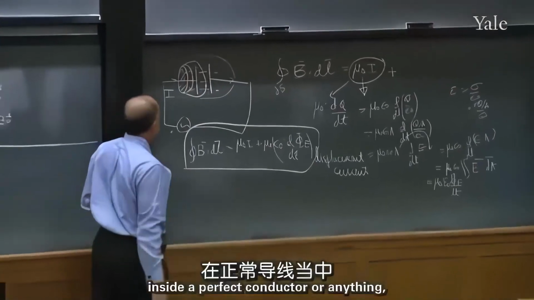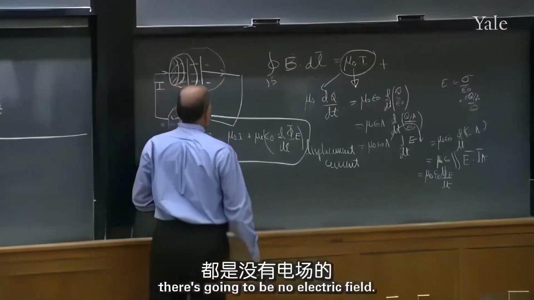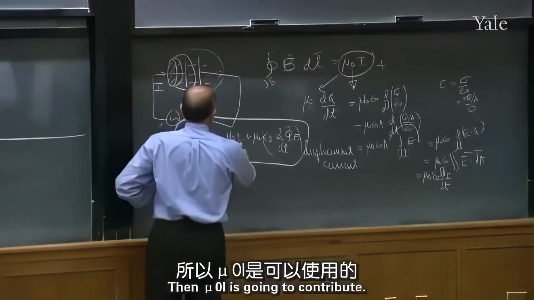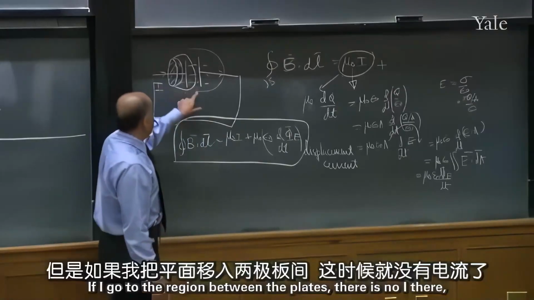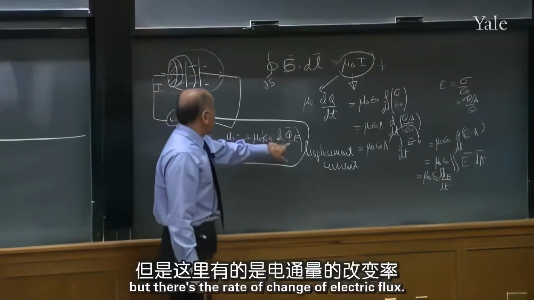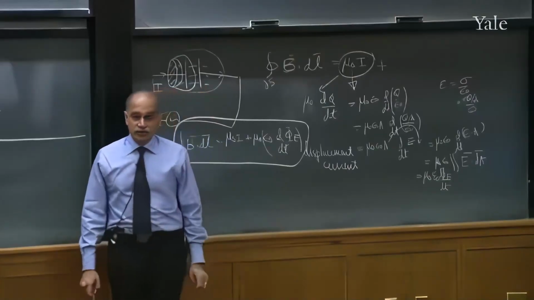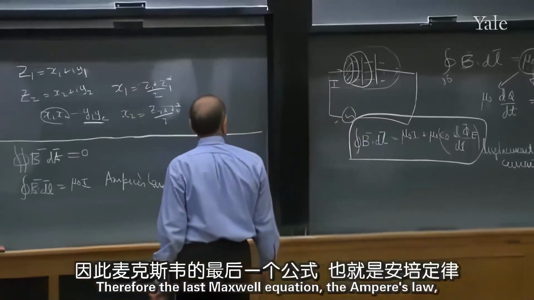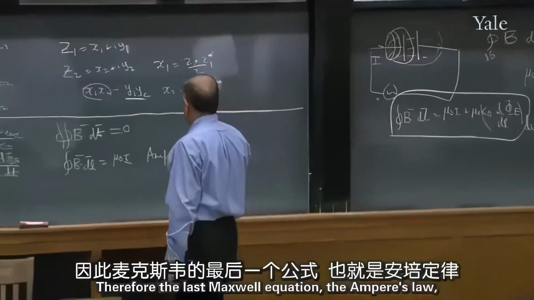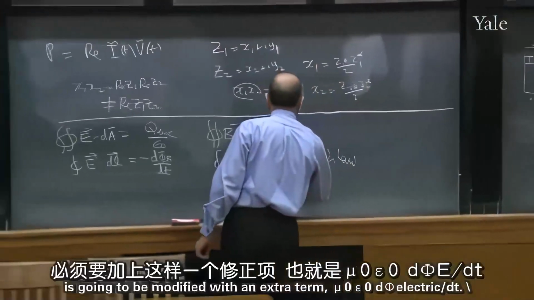Inside a perfect conductor or anything, there's going to be no electric field. Then mu 0 I is going to contribute. If I go to the region between the plates, there is no I there, but that's the rate of change of electric flux.